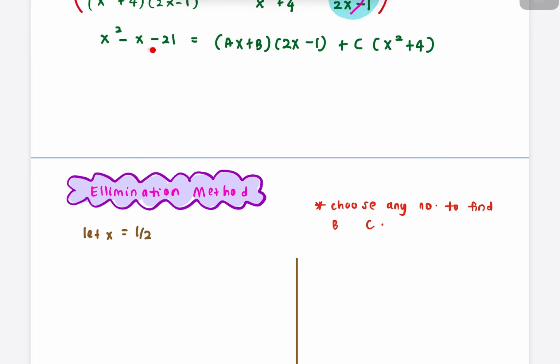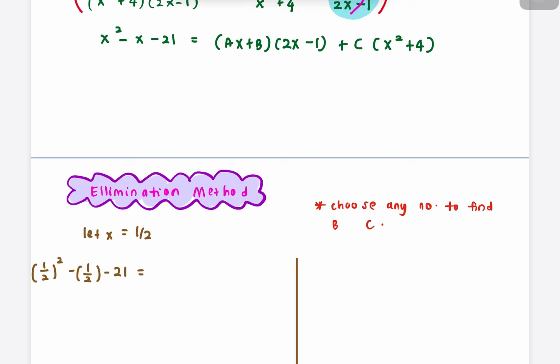For the right side, half times a is half a, so you will have a over 2, plus half times 2 minus 1.